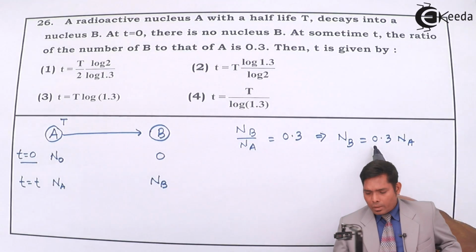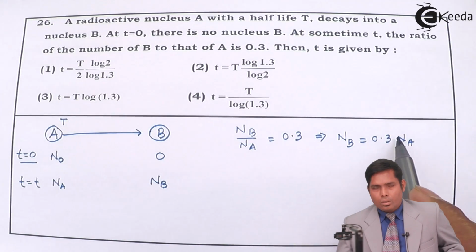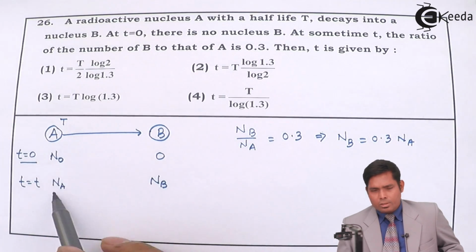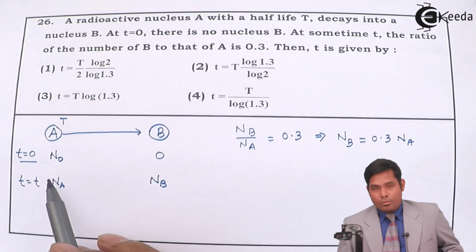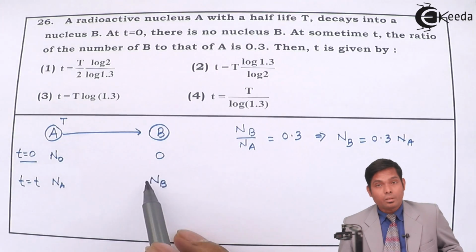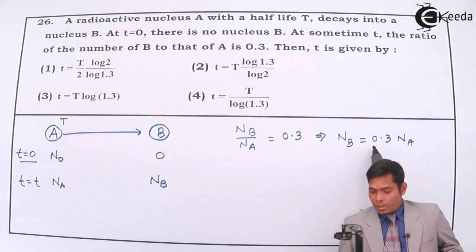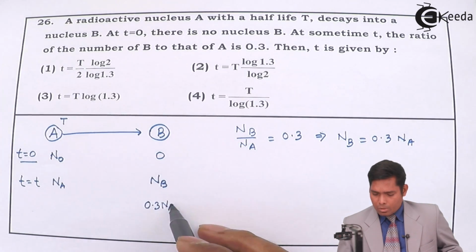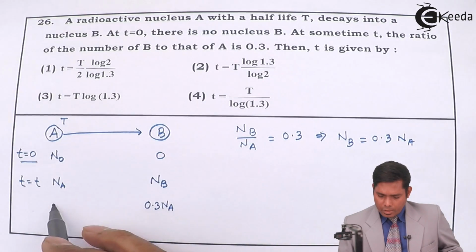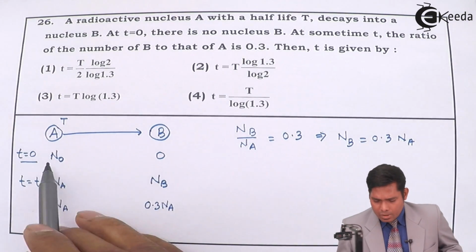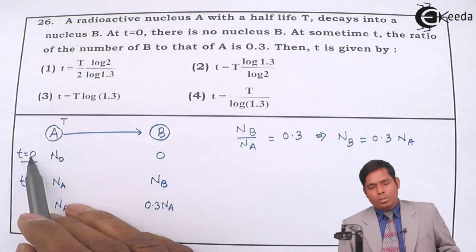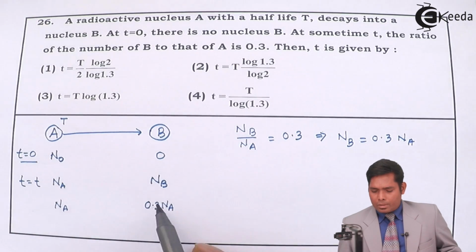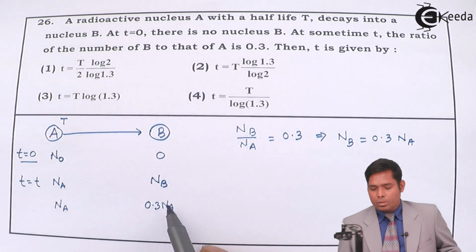Out of this N naught, what is left is Na, and whatever has decayed is in B. So Nb is 0.3 Na. Initially it was N naught at time t equals 0, and this is reduced to Na, and the rest is converted to B.